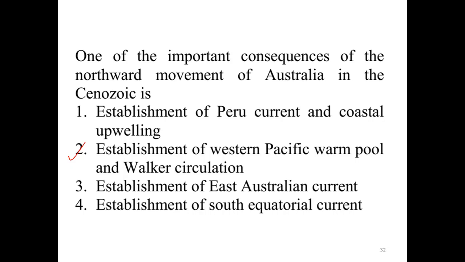Due to its formation, the temperature of the Western Pacific became abnormally high. As a result, it led to the formation of another circulation cell typically in the Pacific, which is called the Walker circulation. I have discussed it in my videos about El Nino. So if you want clarification on this, you can post in the comment section.